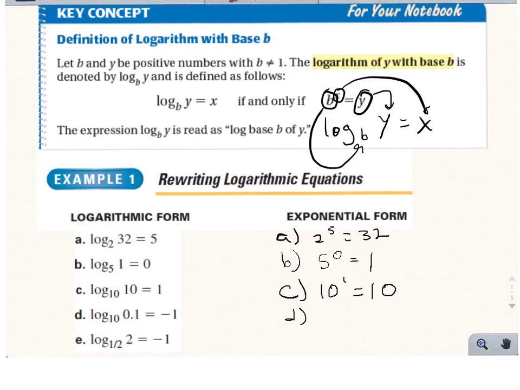For d, we have log base 10 of 0.1 equals negative 1, so we write that as 10 to the negative 1 equals 0.1. And our last one here is log base 1/2 of 2 equals negative 1, so that says 1/2 to the negative 1 equals 2, which we know because a negative exponent flips whatever fraction you're working with.